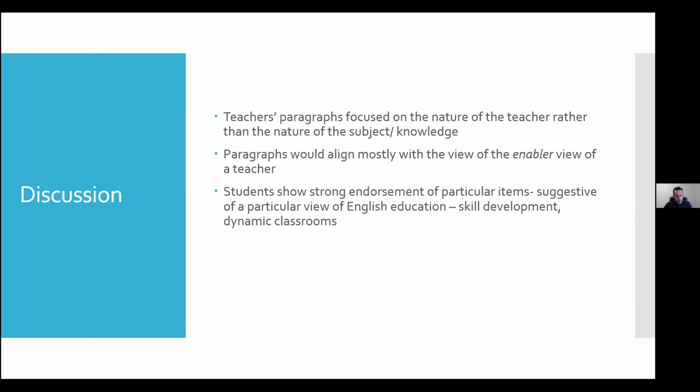Yet when scoring items individually, the overwhelmingly strong endorsement of items like collaboration and creating an atmosphere where they can exchange opinions freely shows that students seem to be active participants in the classroom. And by extension, that the enabler or involver teacher is preferable to them, just as it was in the views of teachers.